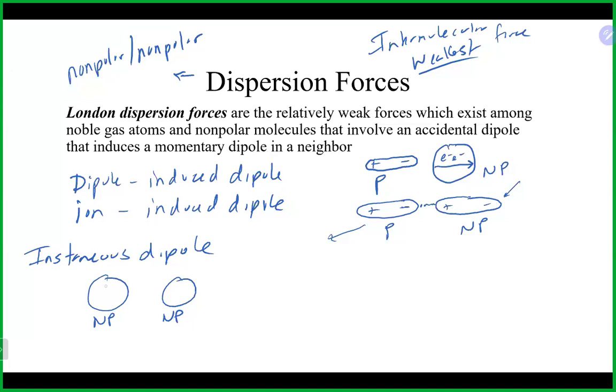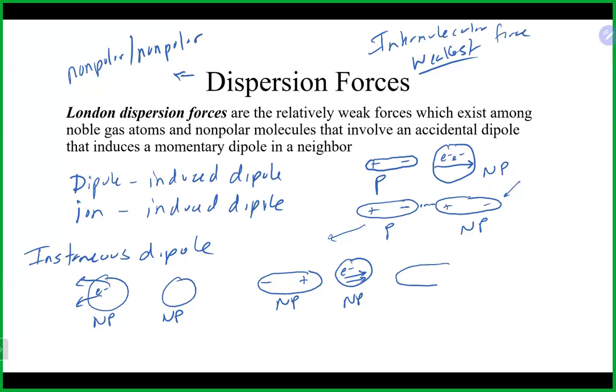So if all the electrons in this guy decided to fly on vacation over here, then temporarily that nonpolar molecule on the left-hand side will create a separation of charge because the electrons went one way. And if he is still next to our nonpolar molecule, that's going to cause the electrons in this guy to also move temporarily.